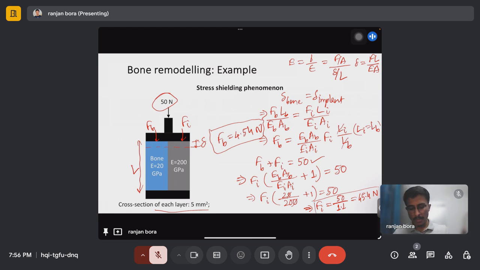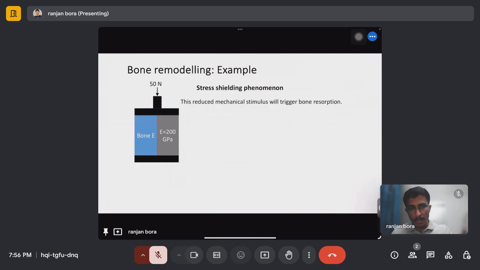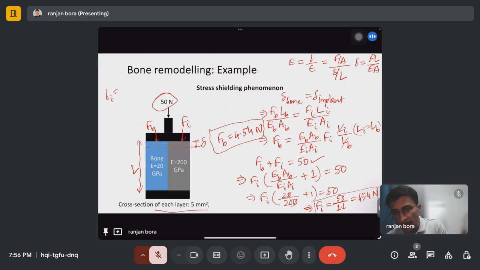Now you can find out the stress, sigma I and sigma B. So sigma I will be FI by area of I, which is 45.4 divided by 5.